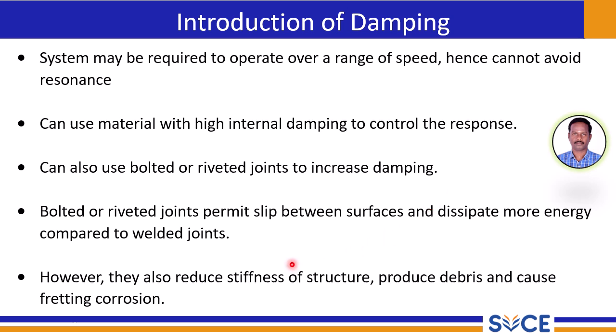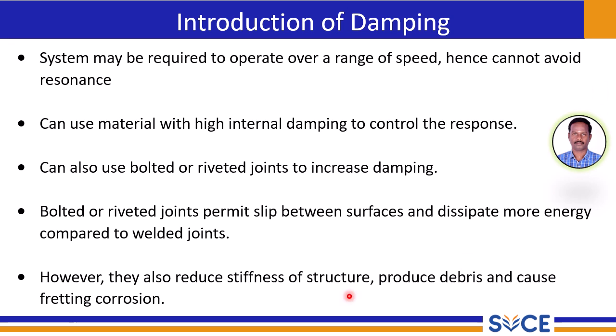The reason for this increased damping in bolted or riveted joints lies in the fact that these types of connections permit some degree of slip between the contacting surfaces when subjected to vibration. This microscopic slip generates friction, which effectively dissipates more vibrational energy compared to the rigid connection provided by a welded joint.